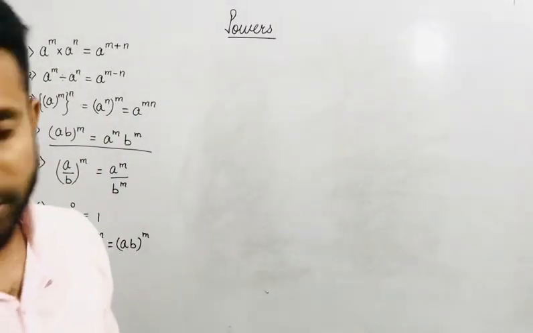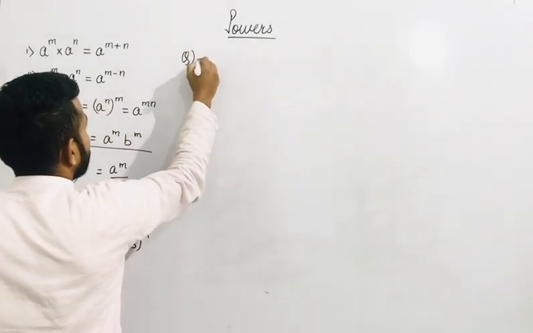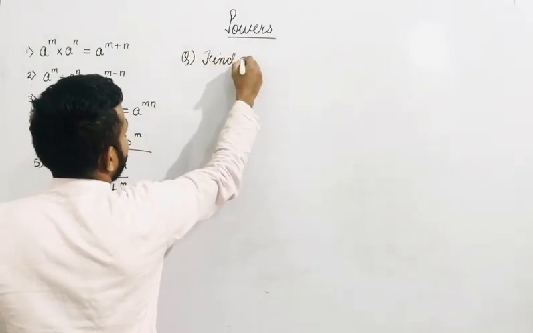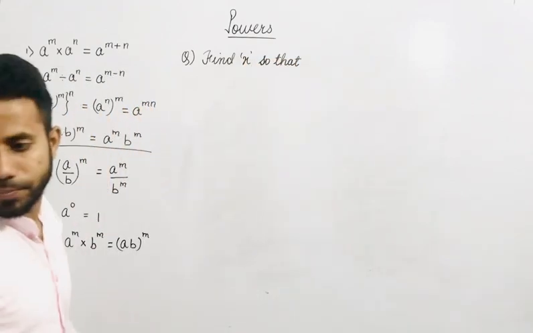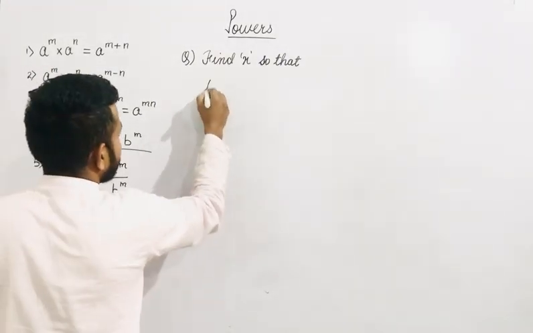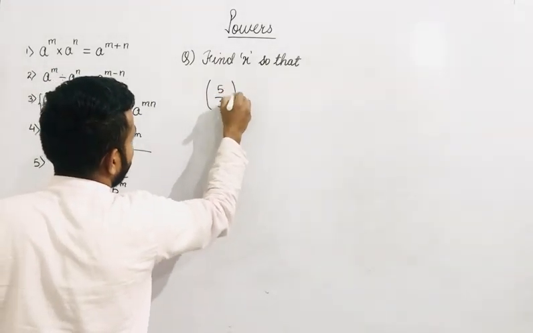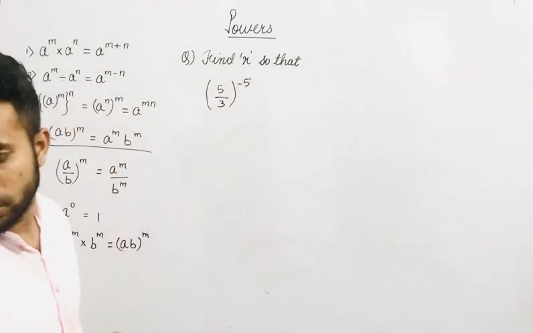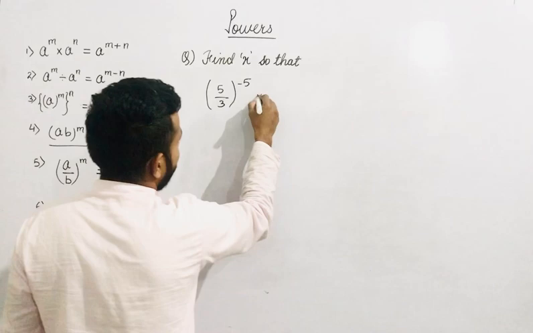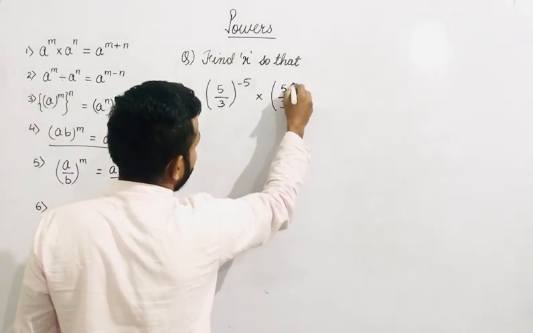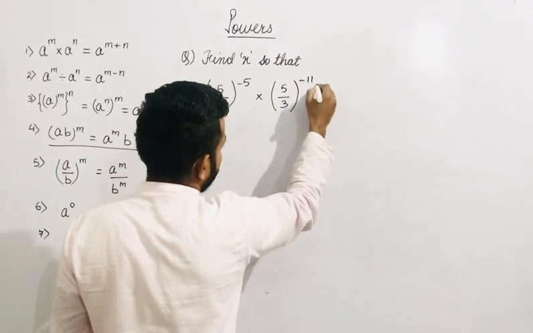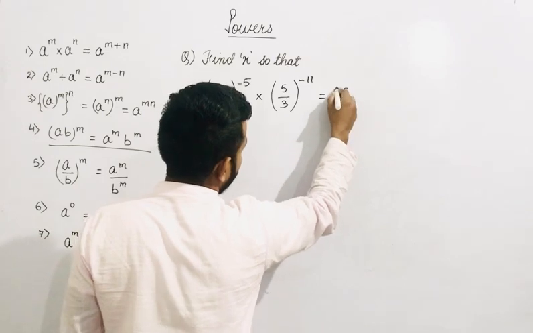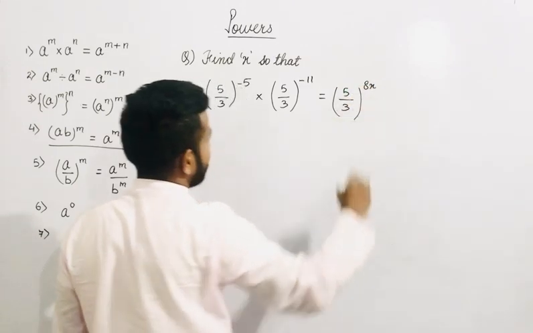The first question that I am going to write here is: find x so that 5 by 3 to the power minus 5 into 5 by 3 to the power minus 11 equals 5 by 3 to the power 8x.